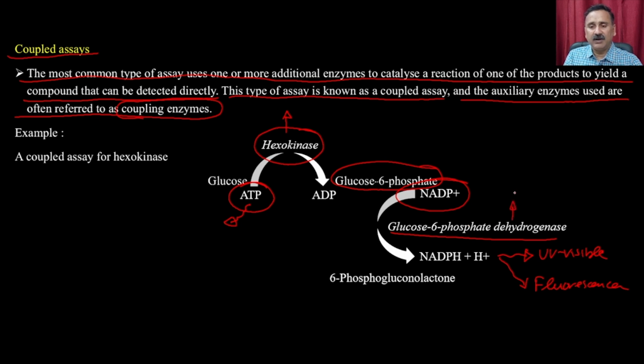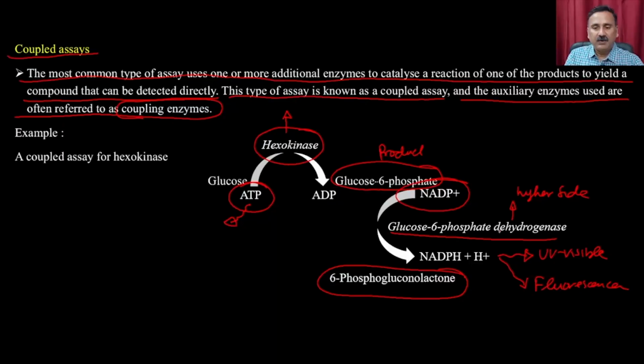Now, when you want to do coupling reactions, it is very important that the activity of this enzyme should be on a higher side compared to this enzyme, so that the conversion of this product to the next product is faster. If this enzyme is fast and the other is slow, there will be an accumulation of the product, and it is not going to give you the real situation of the product concentrations.